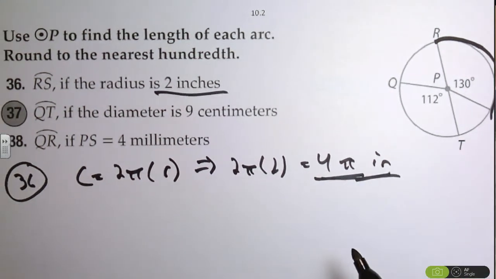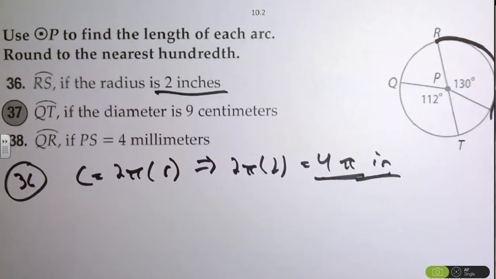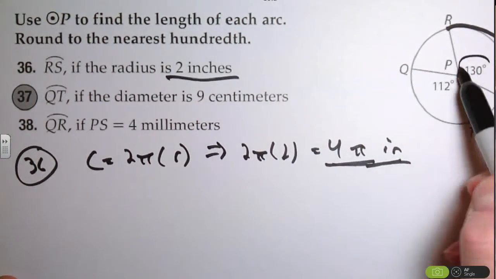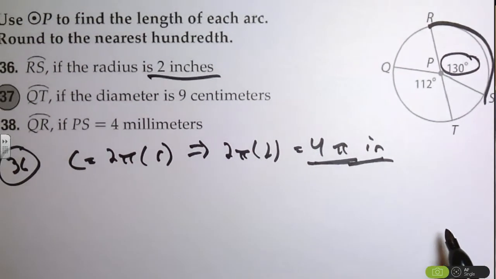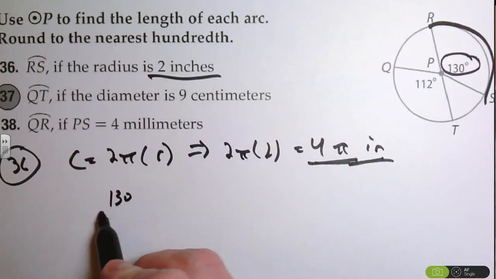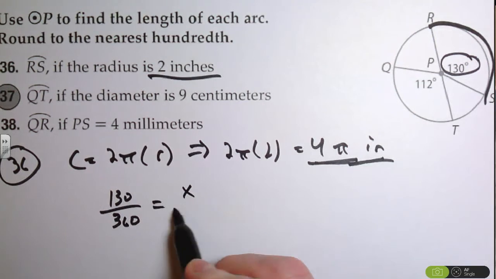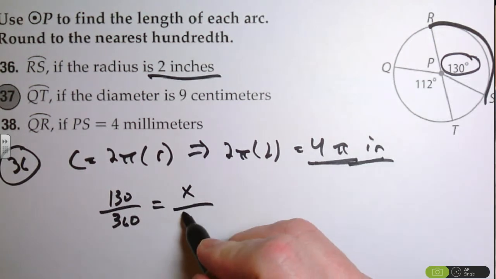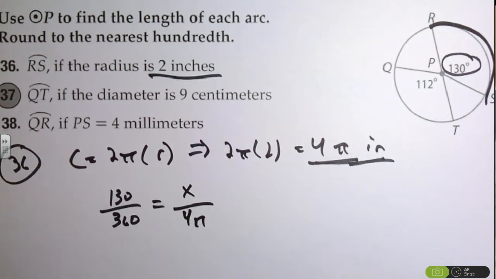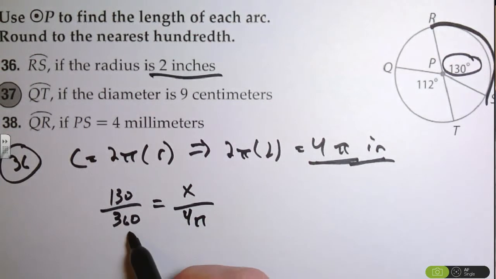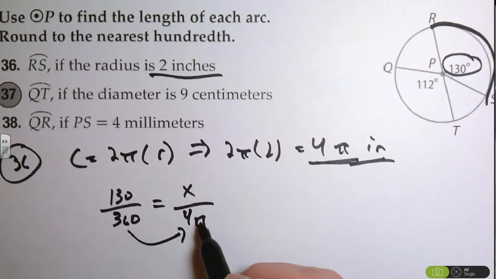Now there's two ways to figure out the arc length. One is to use the proportion. I know I've got a 130 degree angle for that angle. So it's 130 out of 360, because 360 is the whole circle, is x length, out of 4 pi. Because that's the whole circumference.